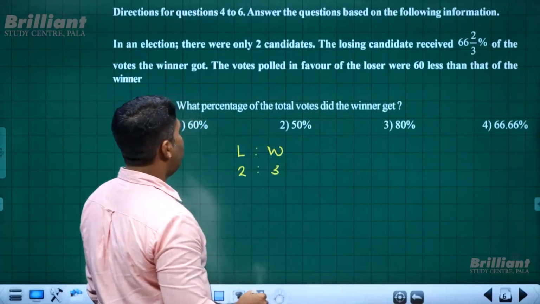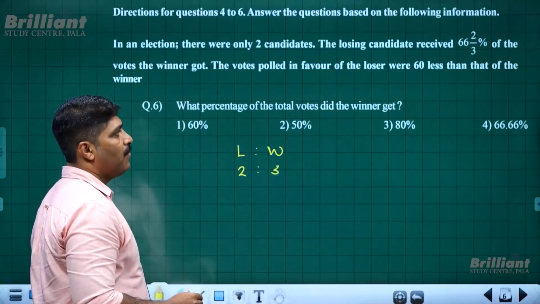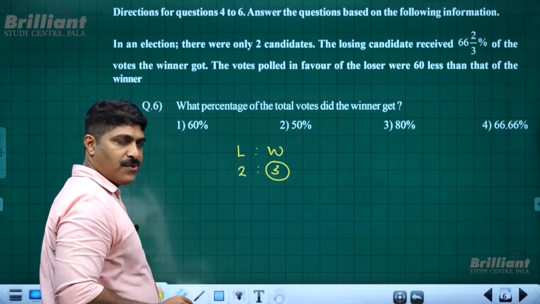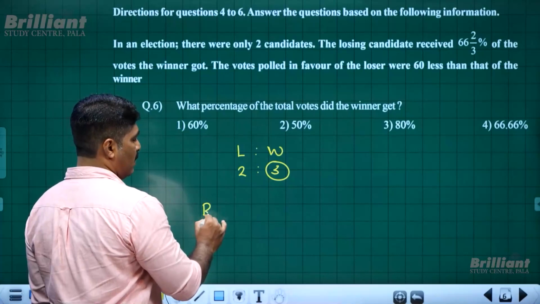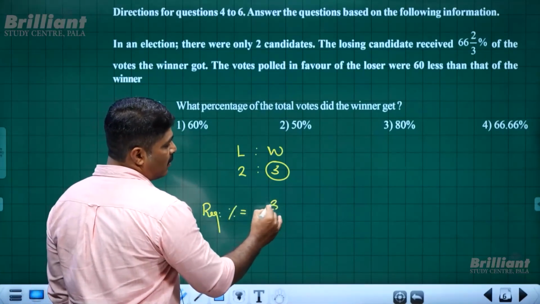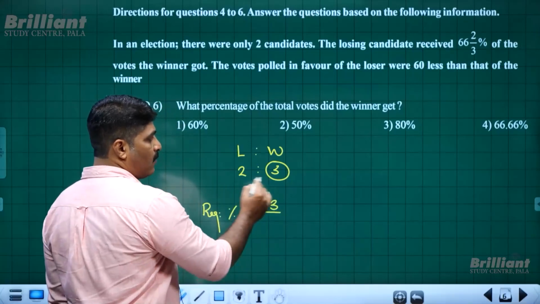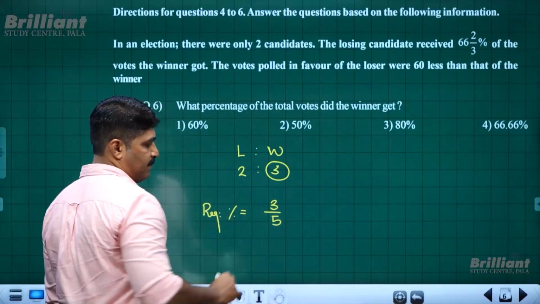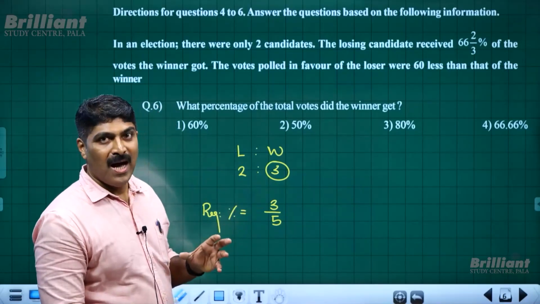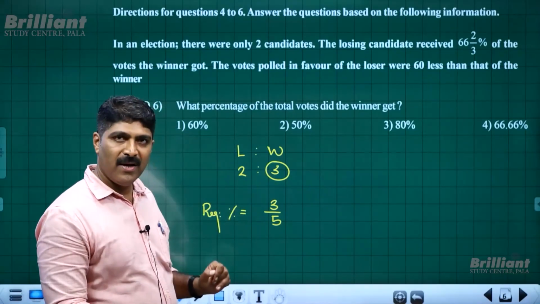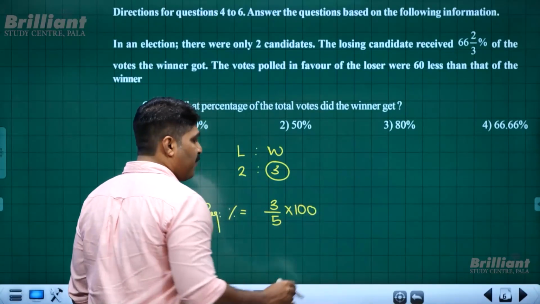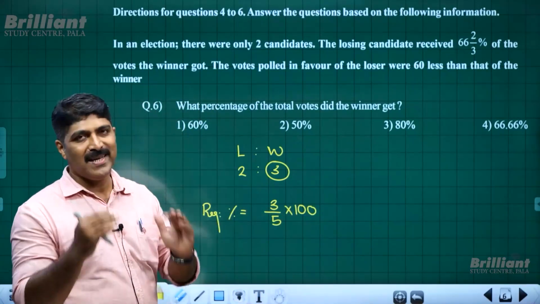At this time, we have to find the percentage of the total votes the winner got. So the required percentage: winner got 3 votes out of a total of 3 plus 2, that is 5 votes, into 100. From the ratio value itself we can catch it.